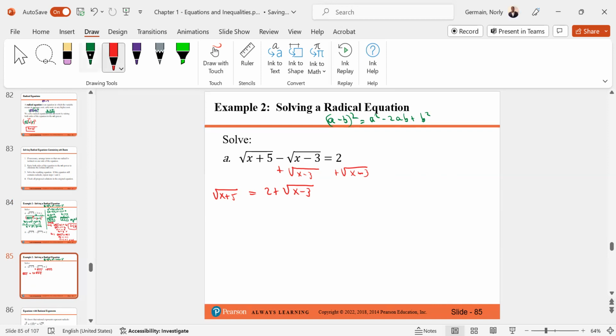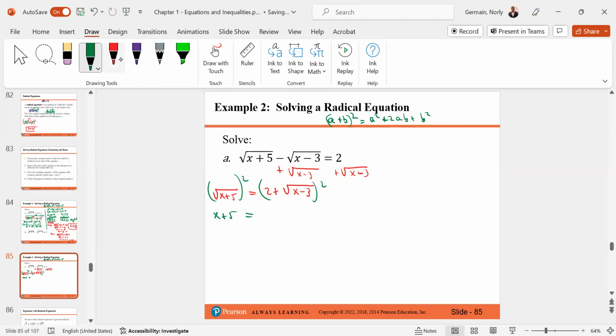So if we raise to power 2, the first one looks easy, x plus 5 is left. But on the right side, the equation is a little bit tricky. We need to use this property, a plus b power 2.